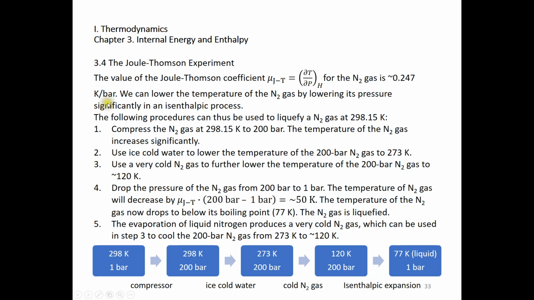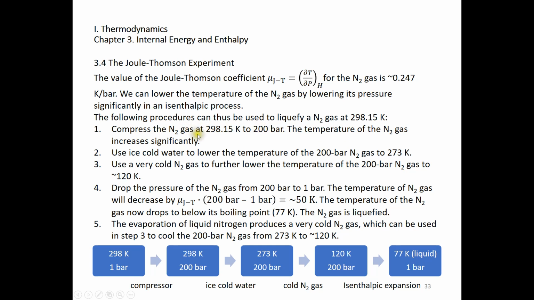All right, so let's look at a few steps on how we liquefy nitrogen. First, let's say we have just nitrogen at 1 bar pressure and room temperature. That's cheap because you can get it from air. This time we're going to compress this nitrogen at room temperature from 1 bar to 200 bars.